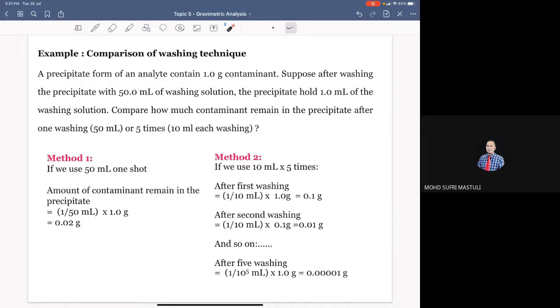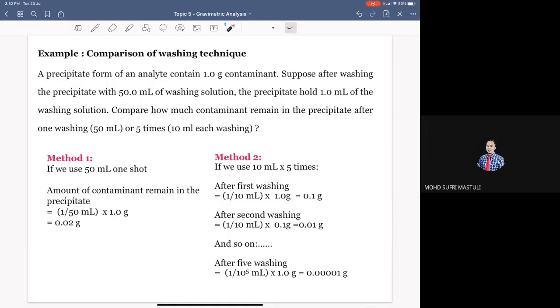So compare how much contaminant remains in the precipitate if we wash once using 50 ml in one shot, or we use 5 times 10 ml each washing. So we have two methods. Method number one, we wash with 50 ml of washing solution in one shot.